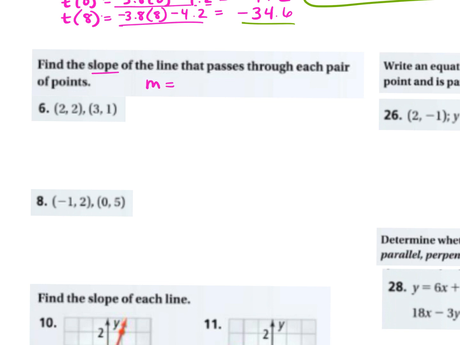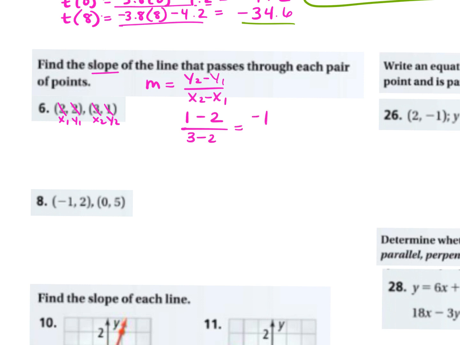Remember, your slope formula is y2 minus y1 over x2 minus x1. So we're going to go x1, y1, and x2, y2, and plug that into the slope formula. So it's going to be 1 minus 2 over 3 minus 2.